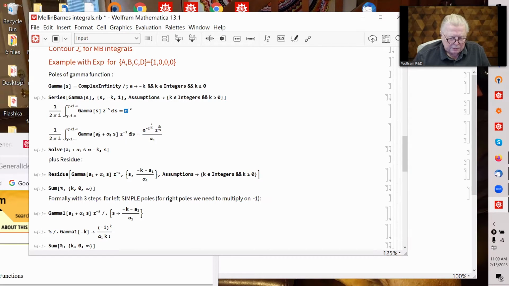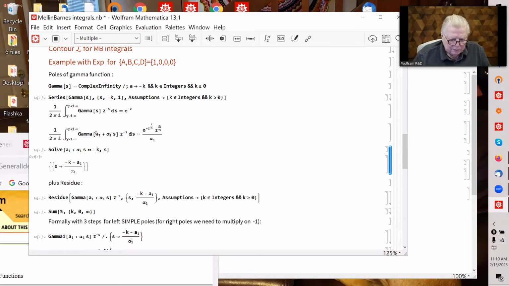And here I demonstrate how to evaluate this for a more complicated case. We solve the equation that gamma of this equals minus k, we find s, and then we evaluate residues of the integrand function, and Mathematica has the opportunity to do this.